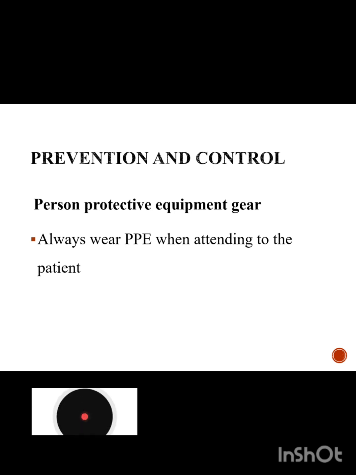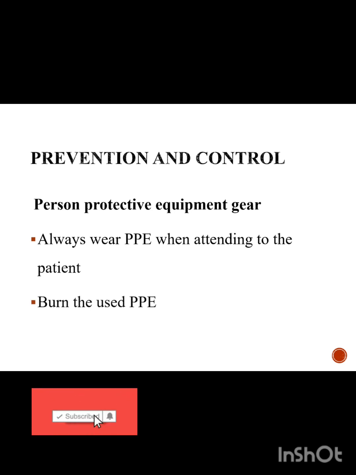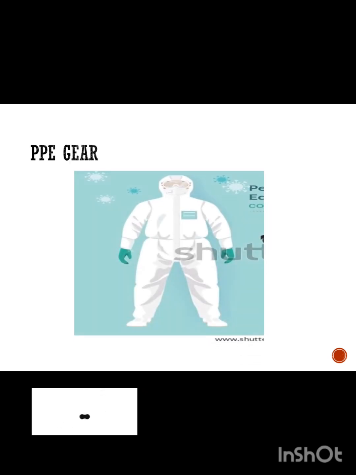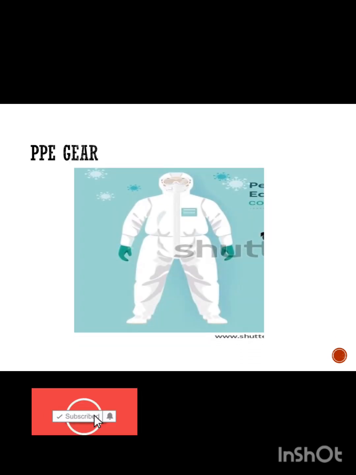Okay, if possible, you burn the PPE after it is used. Make sure it is not used again because there's a possibility of getting infected if it is used again. So that is an example of where you completely cover yourself, then after that you burn.